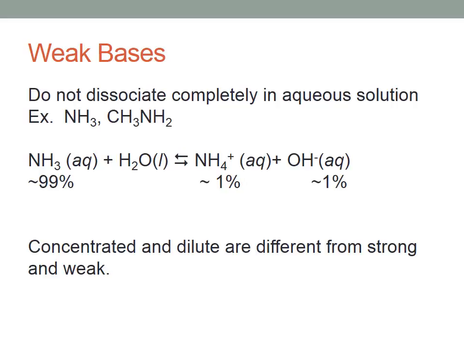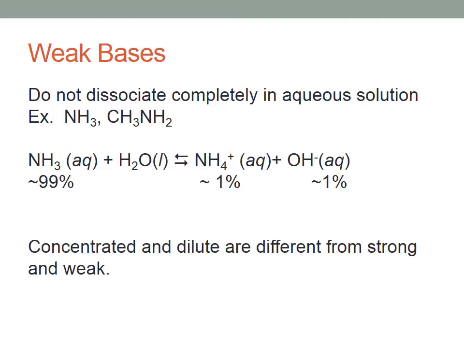The strength of the acid or the base depends on what type of acid or base it is. So you can have a dilute solution of a strong acid or a strong base, and you can have a concentrated solution of a weak acid or a weak base. It just depends on the amount. So we need to know the difference between these two.